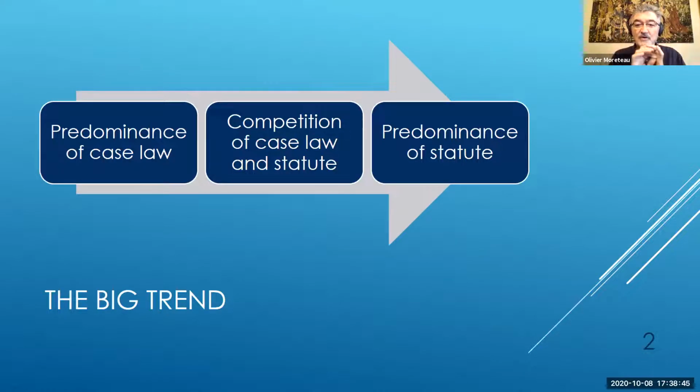This visual shows you the big trend in a common law jurisdiction. See it as a timeline. The starting point, as we have seen covering the historical development of the common law, was the predominance of case law.